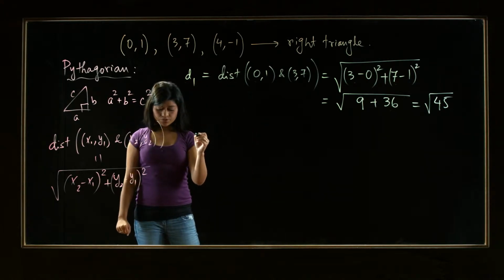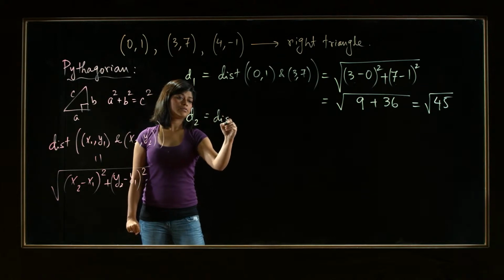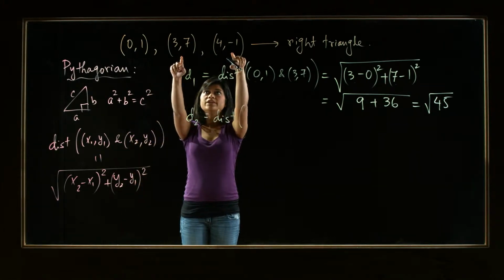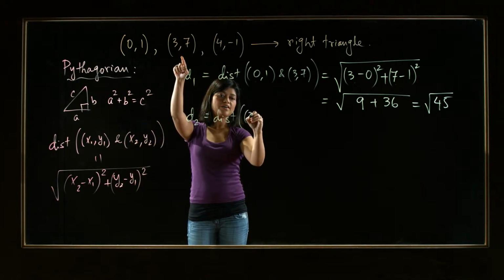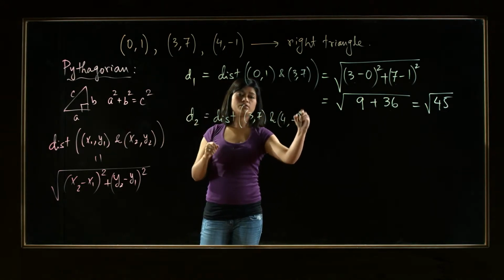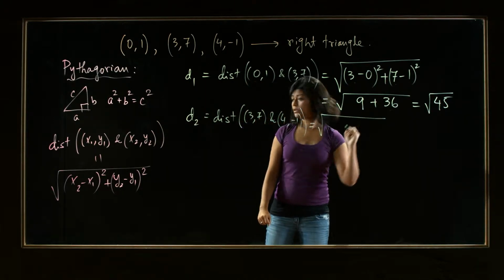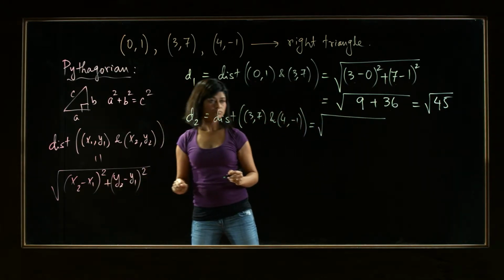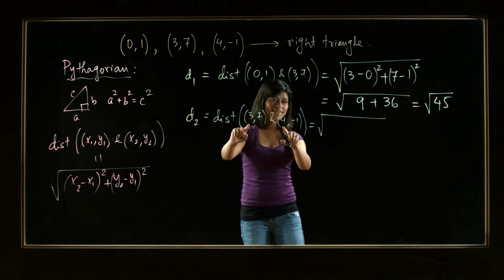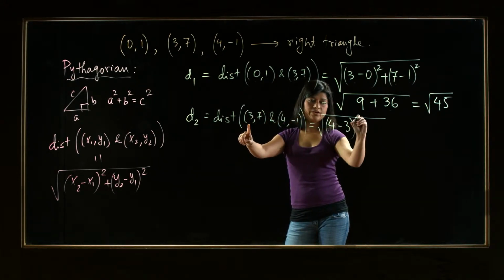Let's compute distance 2, which is the distance between the next 2 points, (3, 7) and (4, -1). Again, we use the distance formula. Take the difference of the 2 x coordinates, 4 minus 3, and square that.